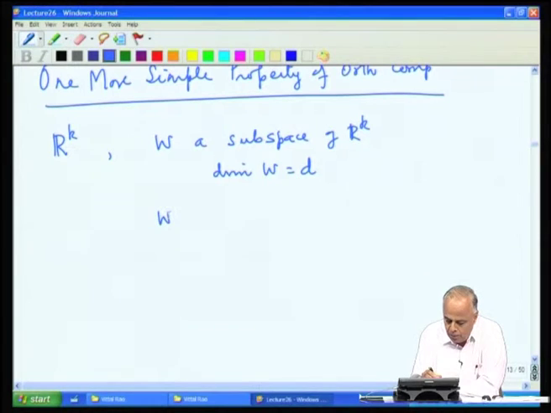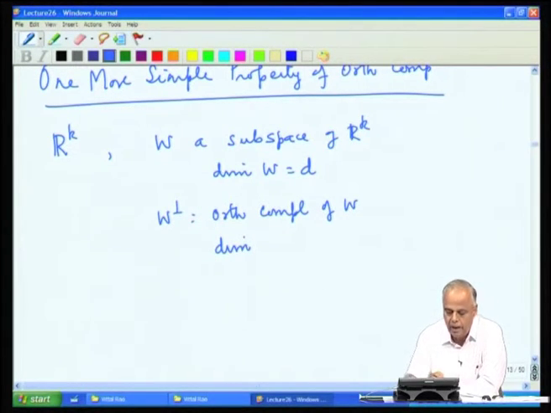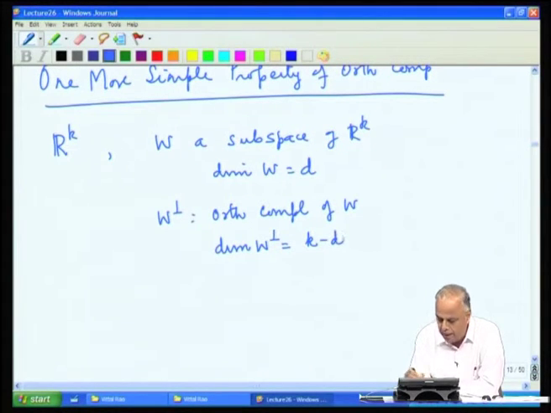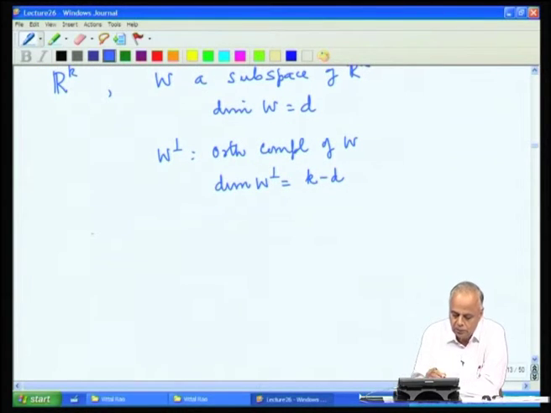Then W perp is the orthogonal complement of W. Then we have seen that the dimension of W plus the dimension of W perp is the dimension of the whole space. So, the dimension of W perp must be k minus D. Now, look at the subspace W perp.